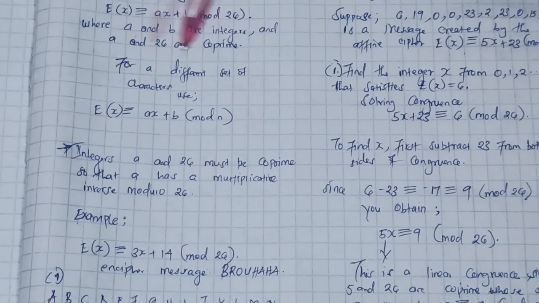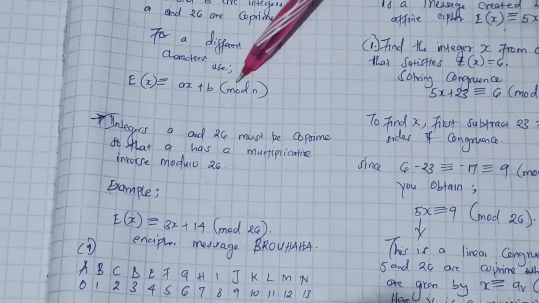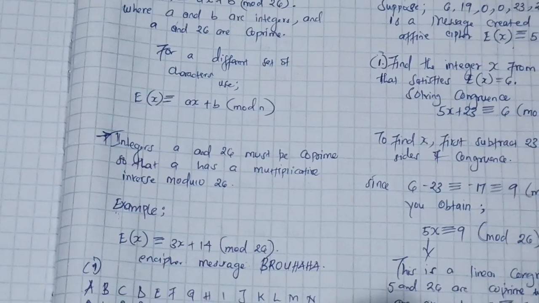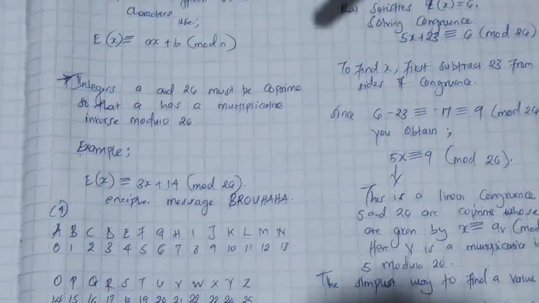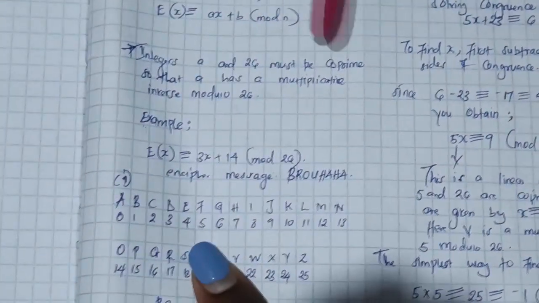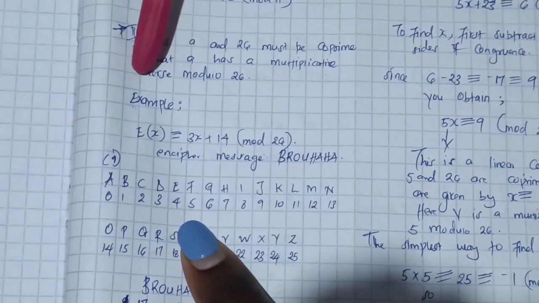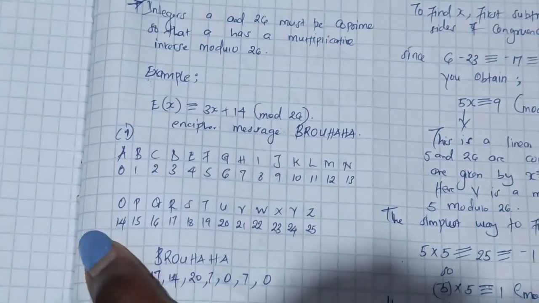For a different set of characters, you just replace modulo 26 with modulo n, but the rule remains. Since a and 26 are coprime, a has a multiplicative inverse modulo 26, which we've seen. We're going to take an example.